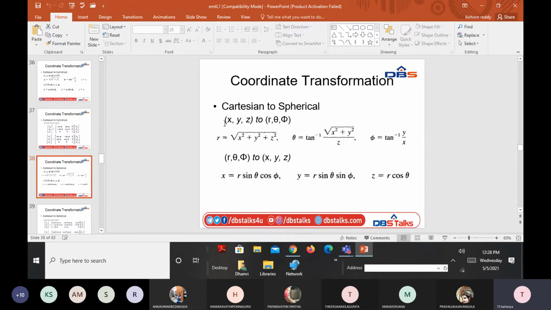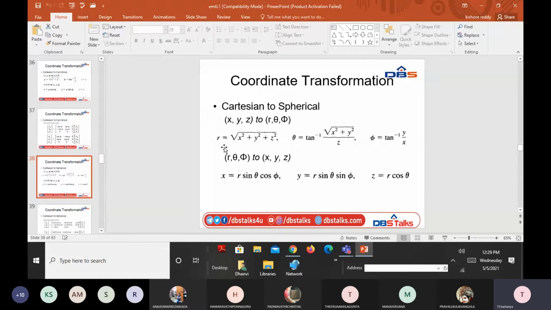And next slide, see. So here Cartesian to spherical. In the last slide we saw Cartesian to cylindrical. Now let us have a transformation of Cartesian to spherical.